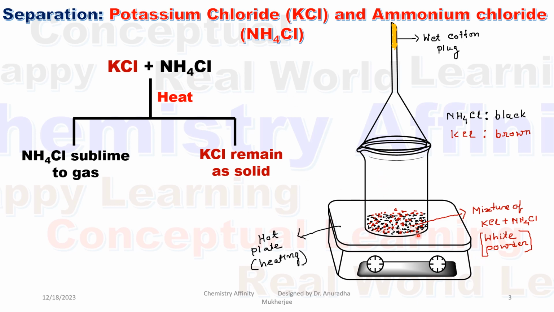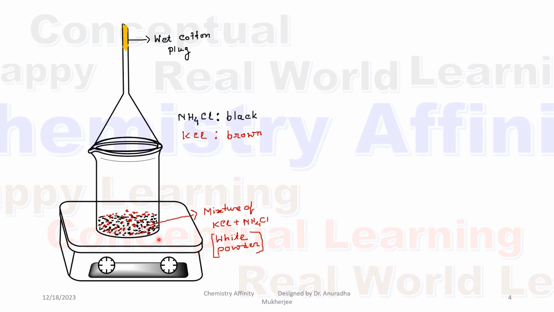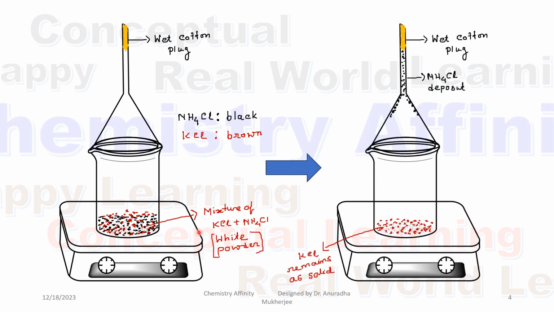Now when we start to heat this mixture, ammonium chloride undergoes sublimation and KCl remains as a solid. That means it directly converts from solid to gaseous form.